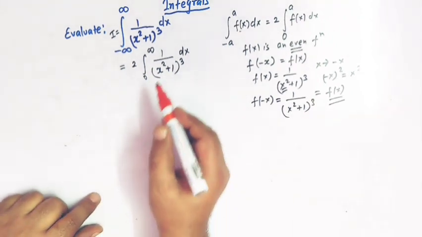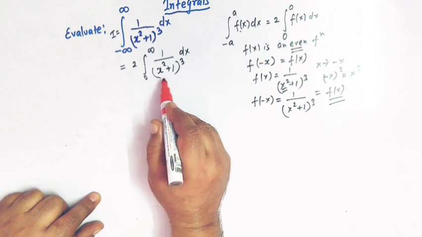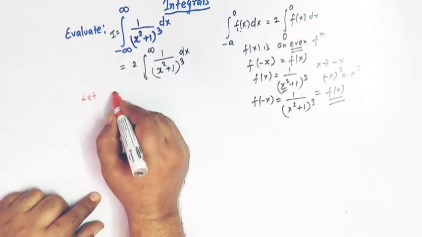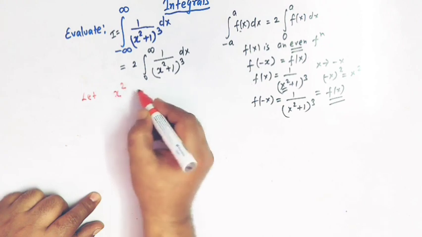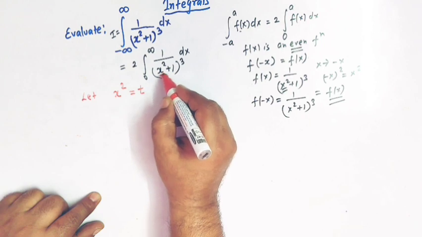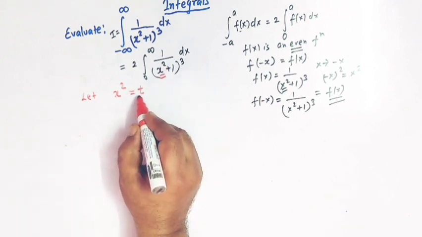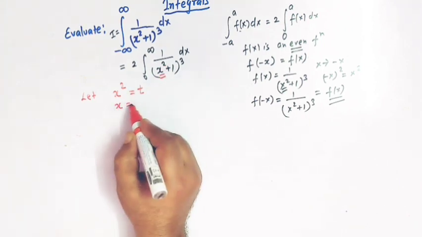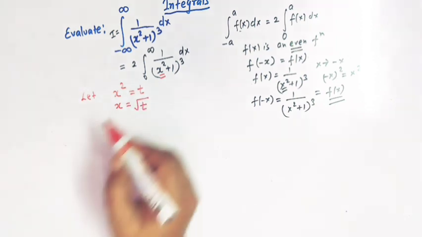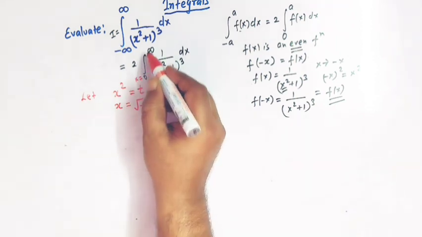So now let us apply the method of substitution. Here I will make this substitution, that is x square is equal to t. So we'll take x square is equal to t, or in other words we can say x is equal to square root of t. Now see, x varies from 0 to infinity.